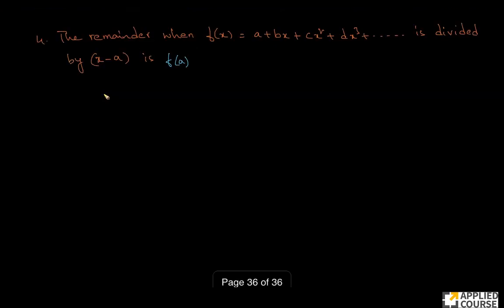Next property. The remainder when f of x equal to a plus bx plus cx square plus dx cube plus so on is divided by x minus a is f of a. When you have an expression like 2 plus 3x plus 4x square plus 6x cube, and it is divided by x minus a, say x minus 2, then what will be the remainder?